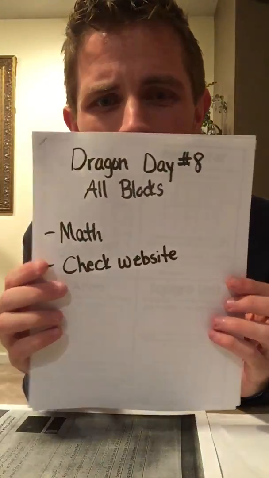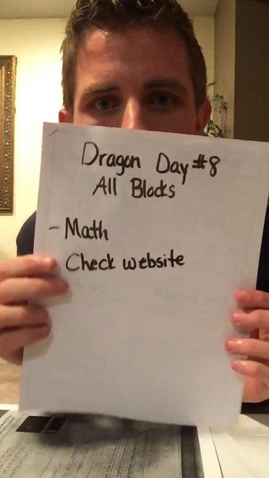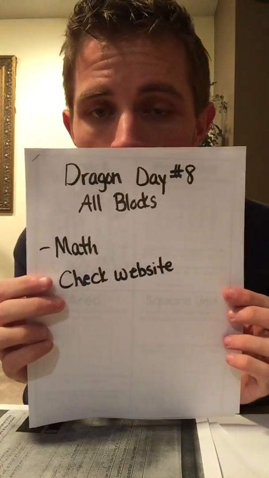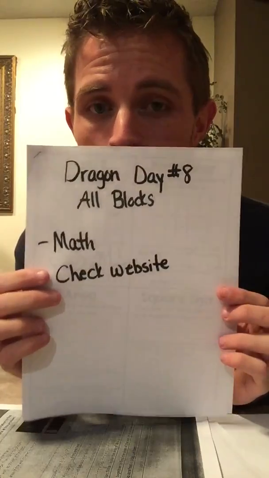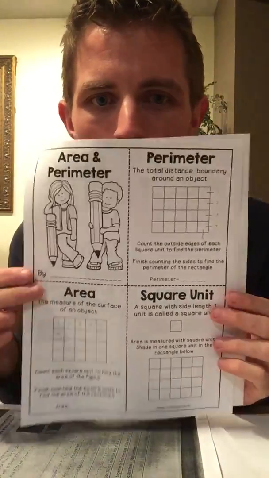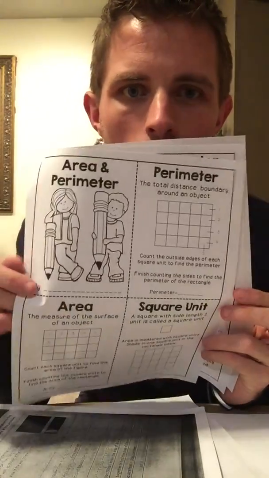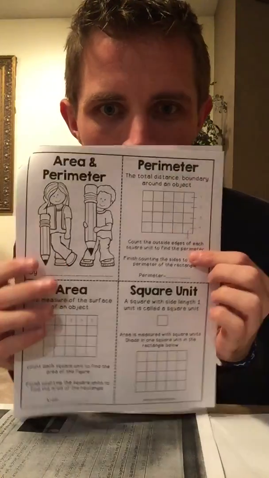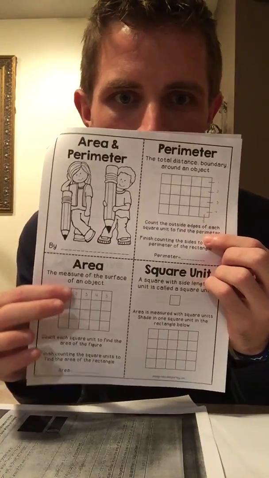The first thing that I want you to do is to get out this packet right here. I think it's backwards on here, I'm not sure how that works, but it says Dragon Day 8 Oblocks. Y'all see that one? Go ahead and get this one out. Now, when you look at this packet, it's just a little guide to help you with the different things that we're going to be talking about. Like you see perimeter here, it shows you what perimeter is. Area, it shows you what area is.